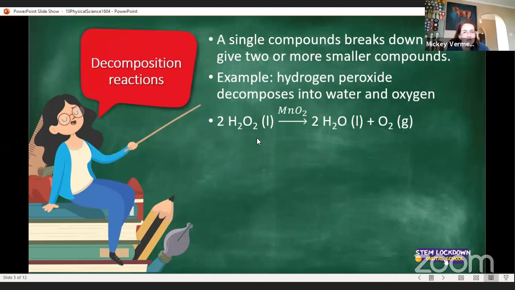We have hydrogen peroxide, H2O2. It is a liquid.